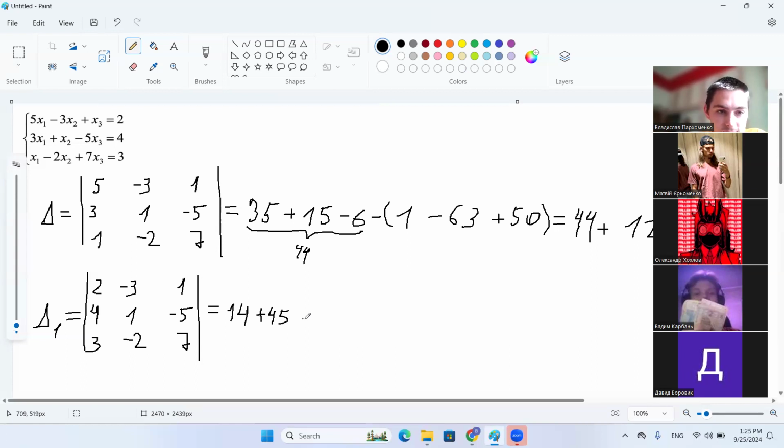And we multiply 4 with minus 2 and 1, it would be minus 8. Then let's put brackets. And we multiply 1 by 1 and 3, it would be 3.